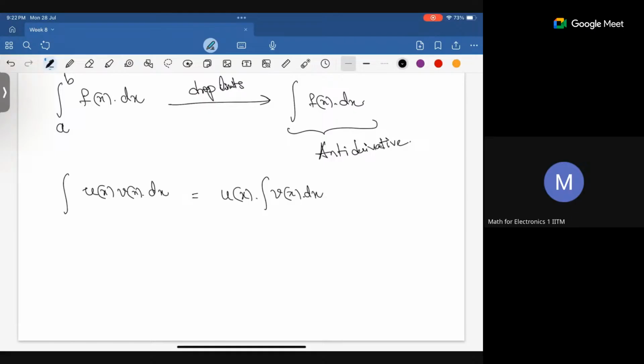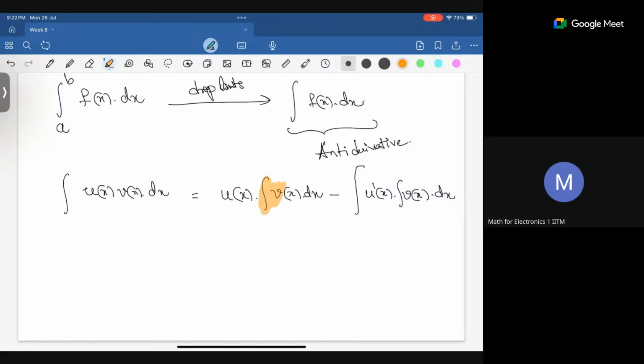So the first function, you take it as it is and integrate the second function, minus the integral of the derivative of the first function times the integral of the second function dx. Okay, so this is what we have to do.